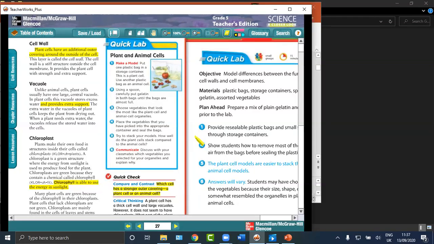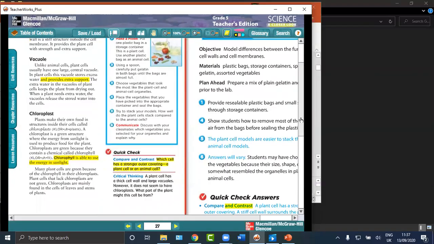Can we continue reading? Yes. Many plant cells are green because of the chlorophyll in their chloroplasts. Okay, stop here. This is so important. Many plant cells are green because of the chlorophyll in their chloroplasts. It has chlorophyll, this means it's green.